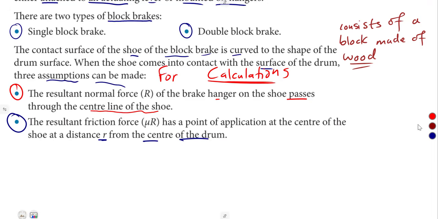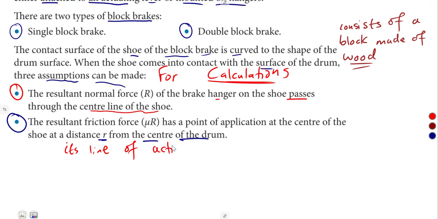So in actual sense, we are saying that the resultant friction force acts at the center of the shoe and its line of action is tangential to the drum, because we are also considering the drum. So we are simply saying its line of what?